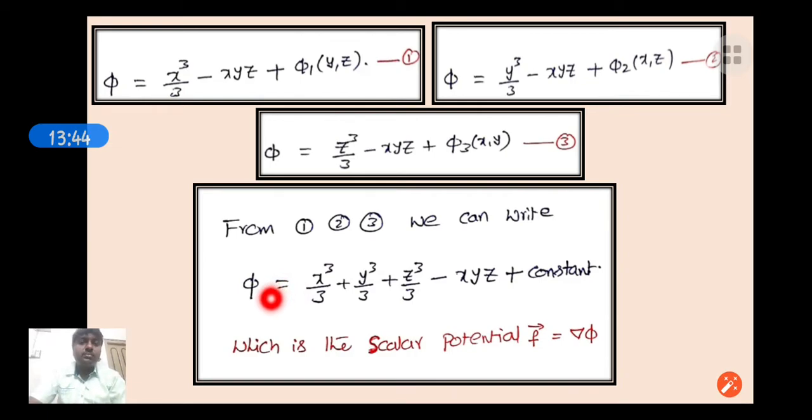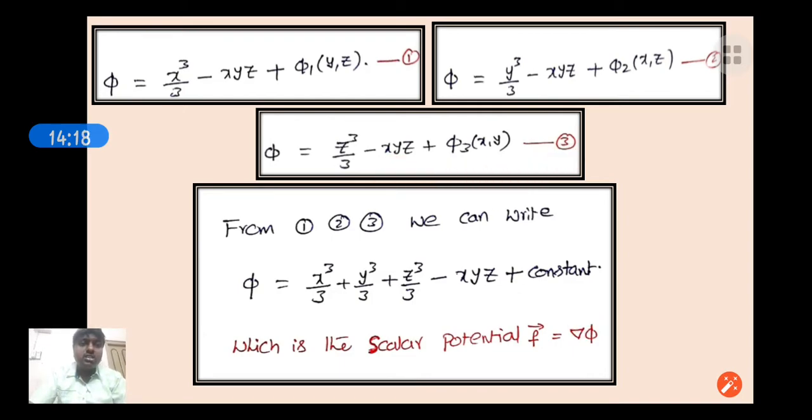Phi is equal to, I can write each function one time from this. If there is any common function, instead of writing those common functions repeatedly, only one time you have to write it in the generalized function. In the phi, x cube by 3 is only one time, it will be present in three equations, so I am writing x cube by 3. Next, minus xyz in equation 1 and minus xyz in equation 2 and minus xyz in equation 3.